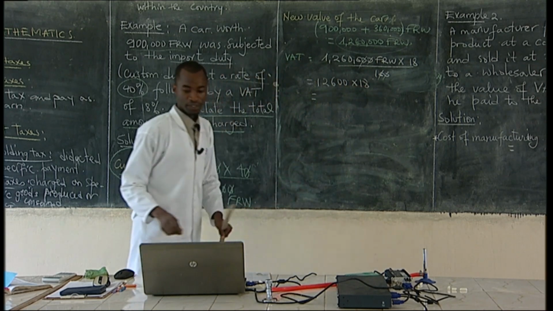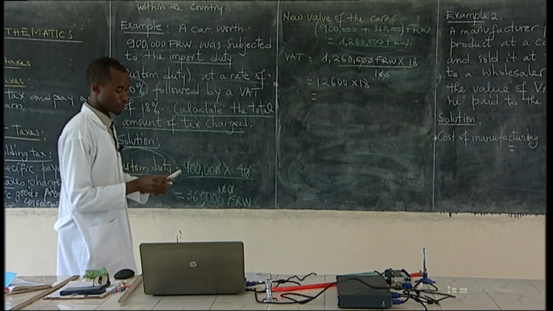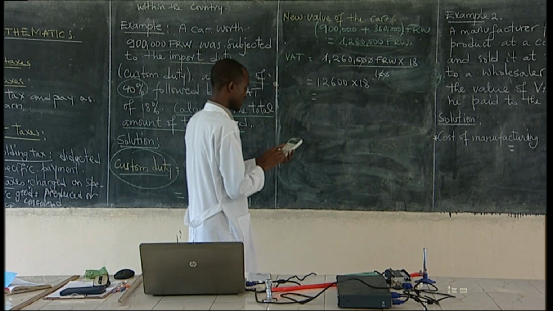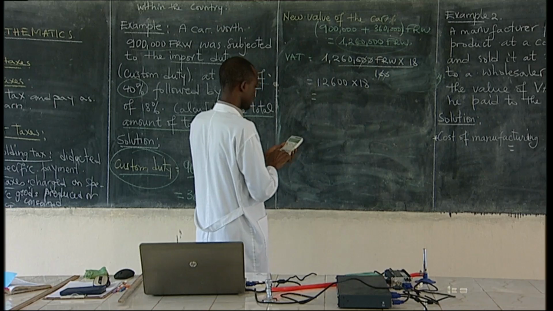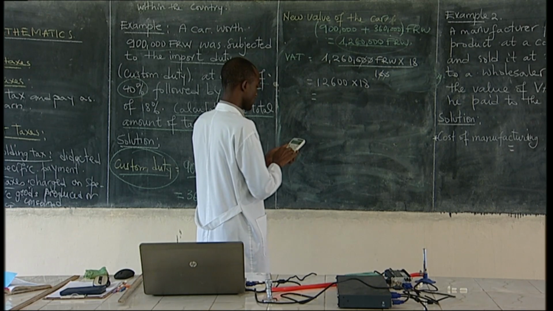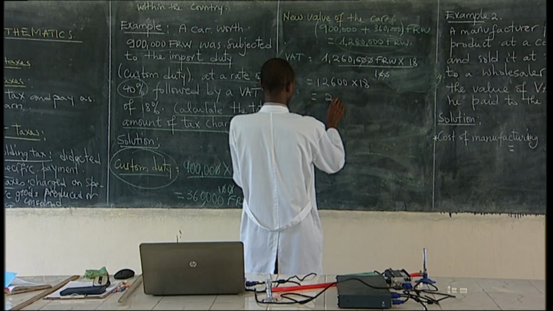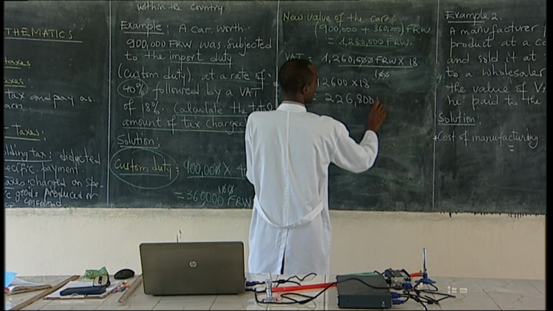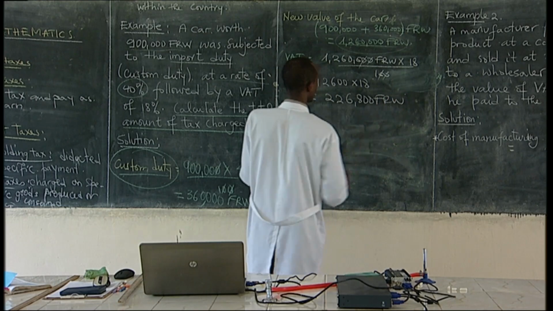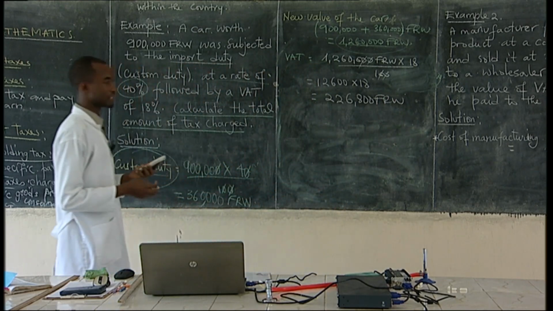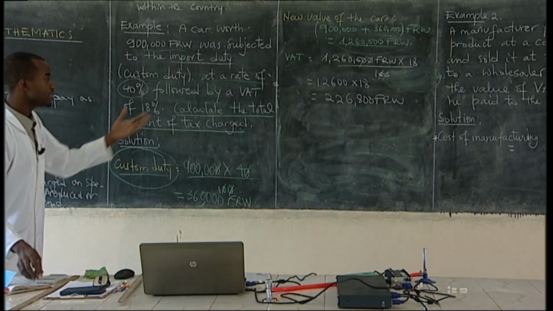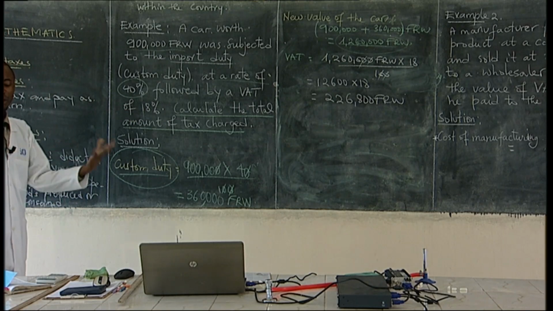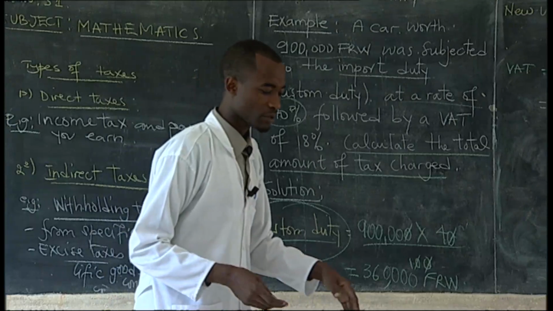It's better to use a calculator so that you may not make any mistake. You get 226,800.